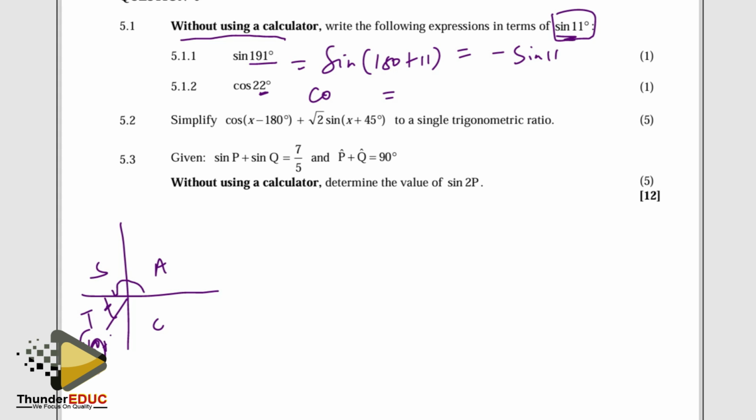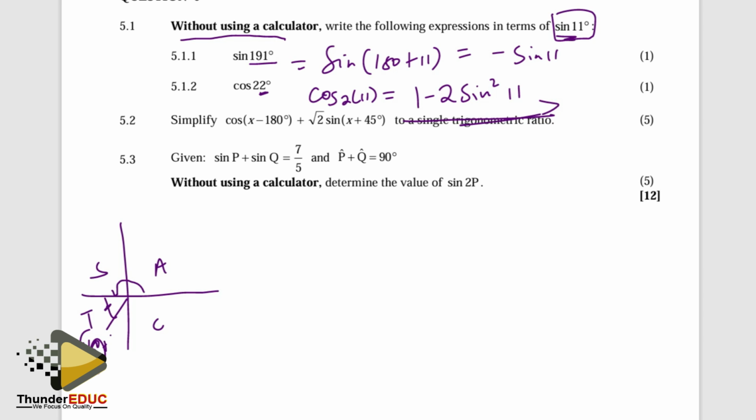Okay, let me just say cos 2 times 11. So with the double angle of cos in terms of sine, it's going to be 1 minus 2 sine squared 11. That's what we need. Please, these double angle abbreviations and summaries are given on the formula page.